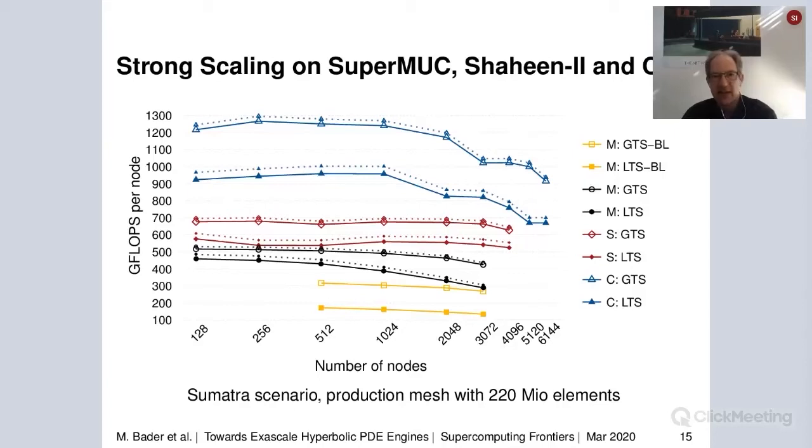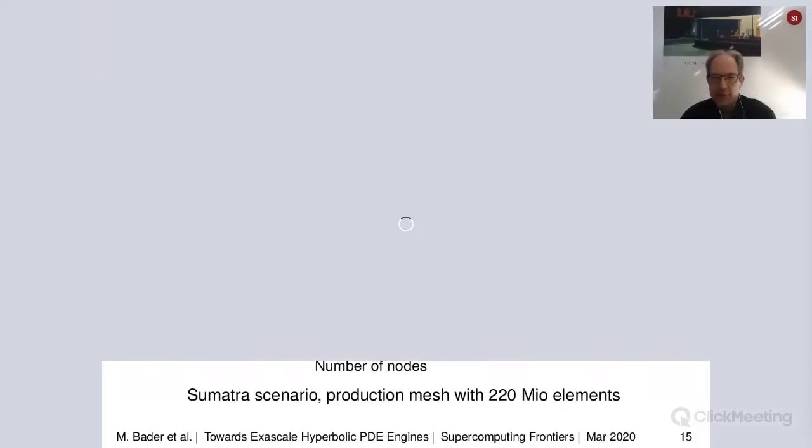And you see that this scales also for local time stepping, which are the solid symbols, while global time stepping is the hollow symbols. So this actually scales to several thousand nodes. And it gives a huge impact.